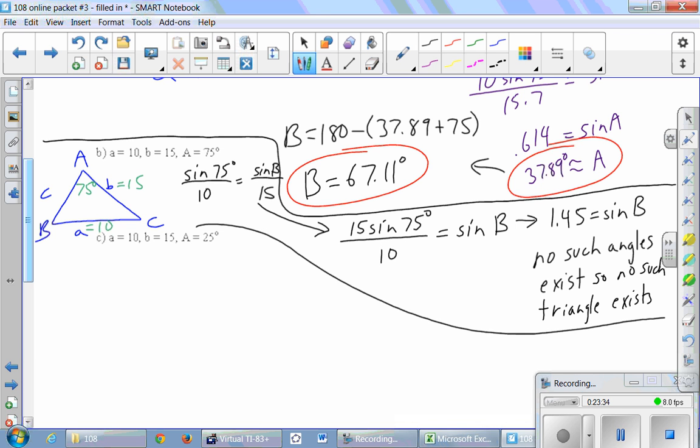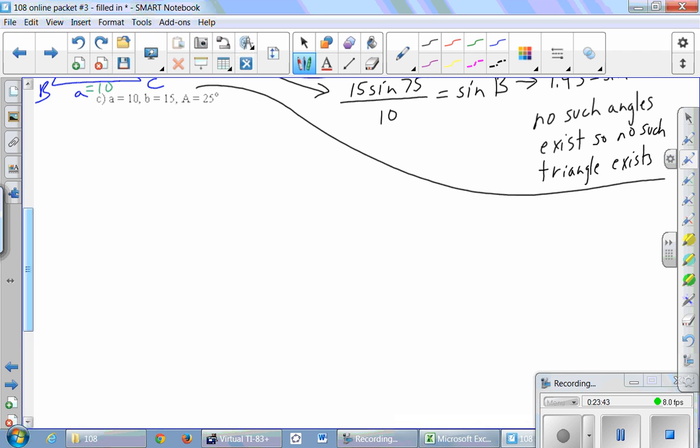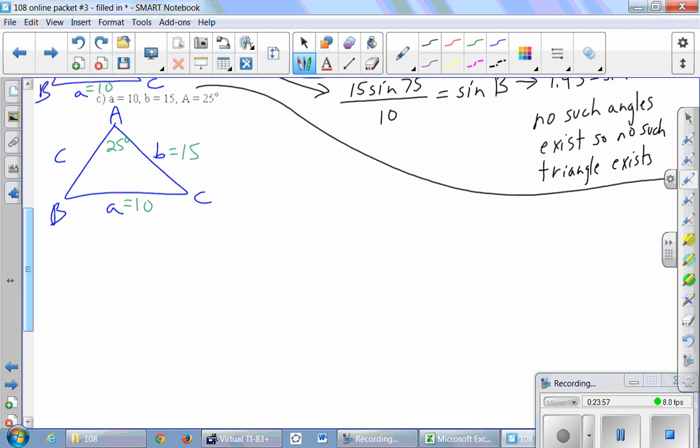Okay, let's try part C. Lowercase a is 10, lowercase b is 15, but now capital A is 25 degrees. So I'll draw my same generic triangle. Fill in the 10 and the 15, and 25 degrees up there.